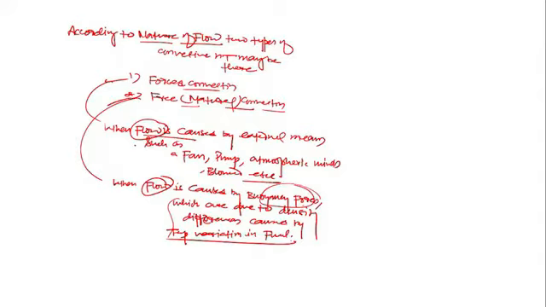Let's consider a very simple example of pure forced convection. Let's say this is an electrical circuit board, and it has hot elements. Have you ever seen a circuit board? Obviously you have seen.